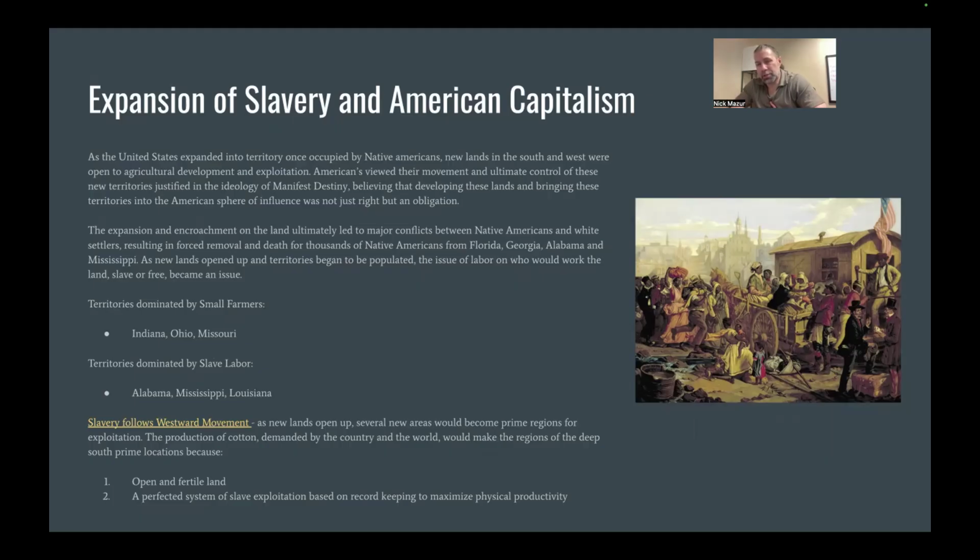What I want you to do is to notice in this discussion how the slave master is asking not only what did the slave pick that day, what did they pick yesterday, what is the average, and then what are they supposed to be picking for the week. You'll see that the person who's giving these numbers is reading it from a book.